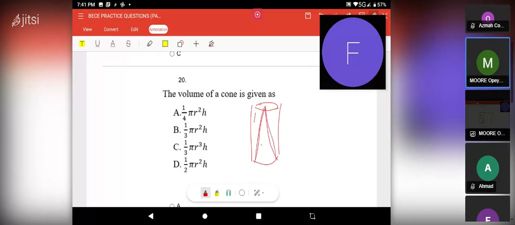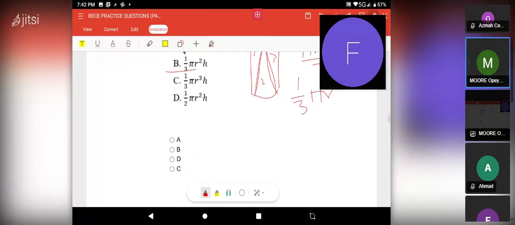This is 1, 2, and 3 cones. So pi r square h over 3. That is the volume of a cone. Or you say 1 over 3 times pi r square h. The two of them are the same. Instead you write 1 over 3, and that is option B. Thank you. Next question.